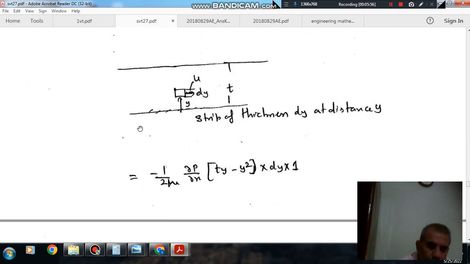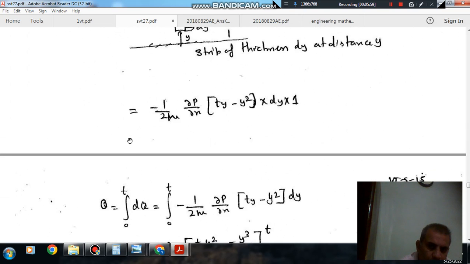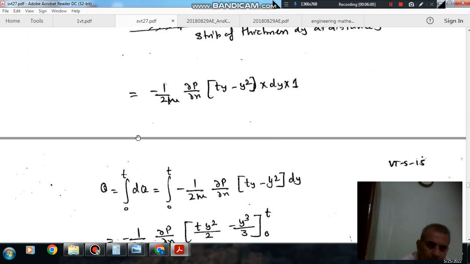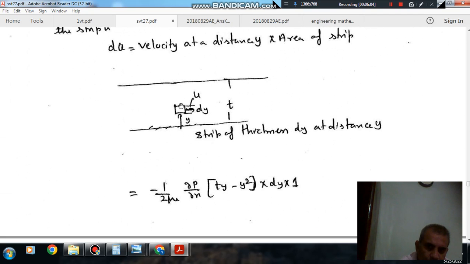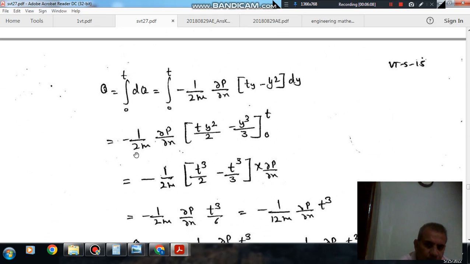That is your dq, and if we integrate it from 0 to t, because y is varying from 0 to t, we can find the discharge. That integration will be -1/(2μ) ∂p/∂x [ty²/2 - y³/3] with limits 0 to t.